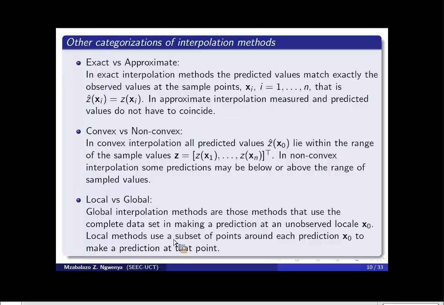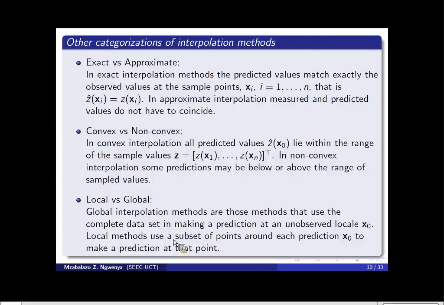With the non-convex interpolators, your predictions may be lower than your sample minimum, or much higher than your sample maximum. I'm sure you can already appreciate that for some things you might want exact interpolations, and for others approximate. Some you might want to constrain within your sampled values, and others you might let go outside of your sample values.